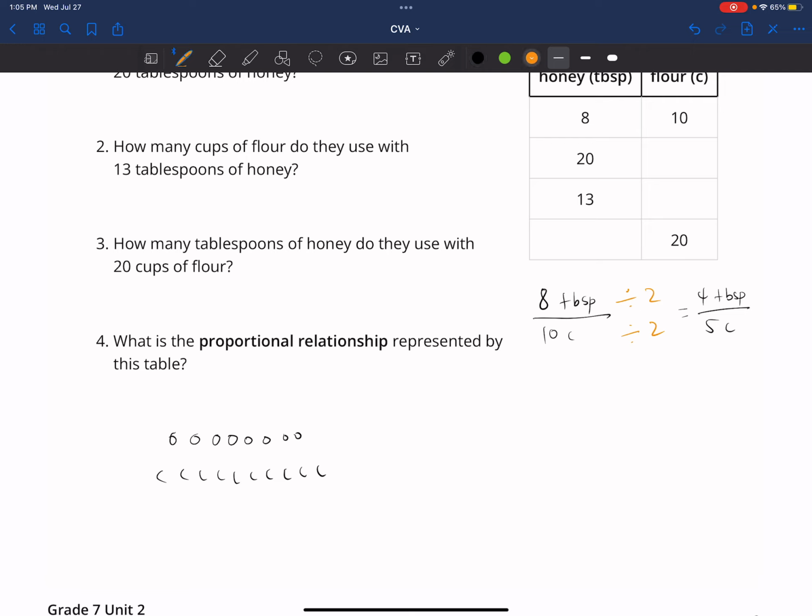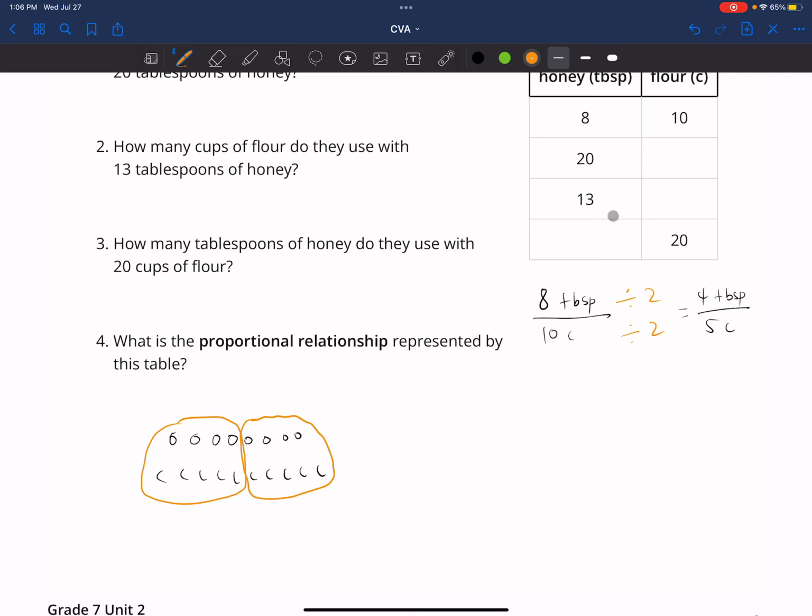So this represents the entire thing, but if I divide it into 2 groups, I get 4 teaspoons, 1 2 3 4, and 5 cups, 1 2 3 4 5. So that is the visual representation of that.